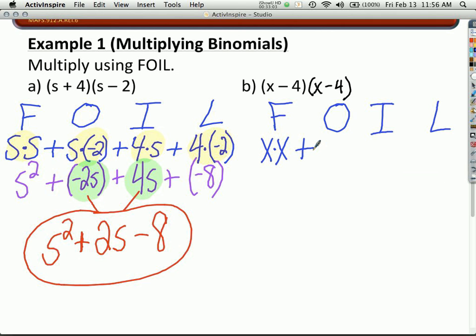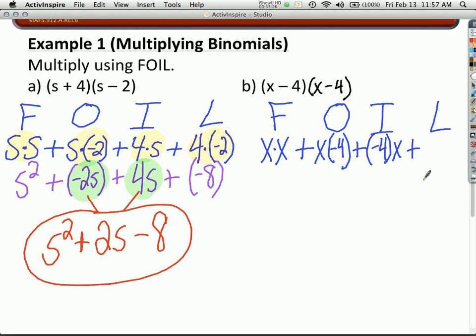Outer terms, Milan. X times negative 4. And what about the inner terms? Inner. Kianis? Negative 4 times X. And the last terms are going to be what, Ethan? Negative 4 times negative 4.